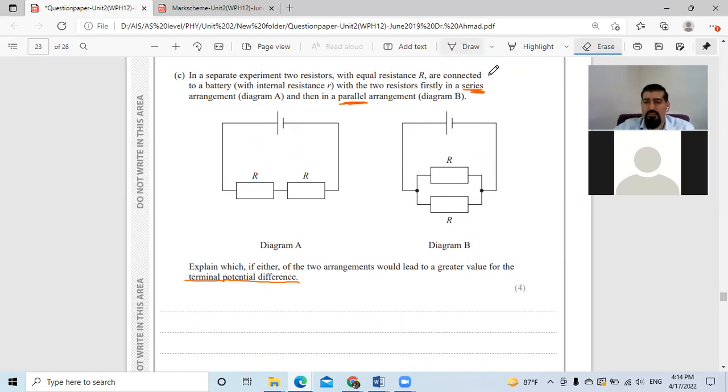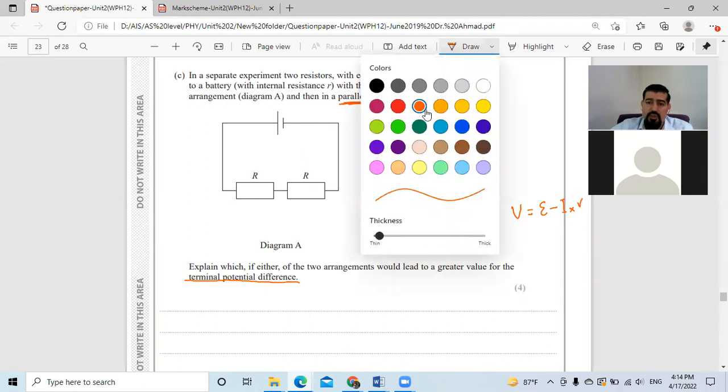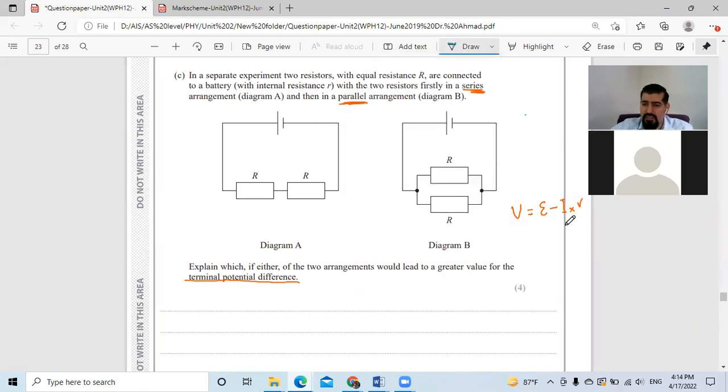Since we are talking about a potato cell that has internal resistance, we know that the voltage is equal to the EMF minus I multiplied by the internal resistance. Whenever the circuit has more current, the dropping voltage I multiplied by the internal resistance will be greater. So the EMF minus a greater value leads to a lower voltage across the battery.